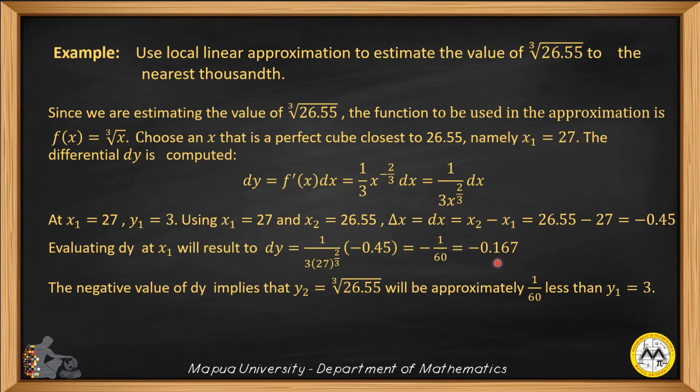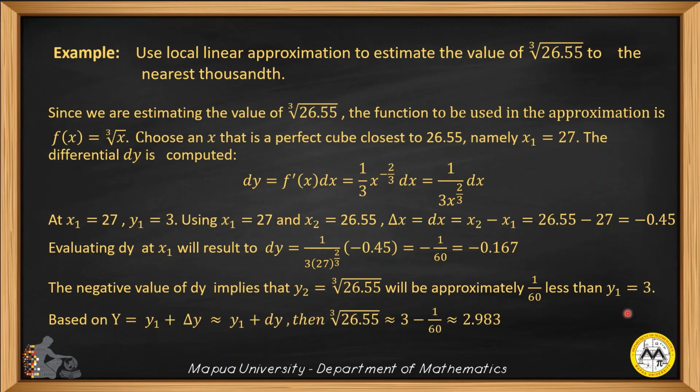Now, this would imply that the cube root of 26.55 is approximately 1/60 less than the value of y sub 1. And with this, we now can approximate the cube root of 26.55 in terms of 3 minus 1 over 60, or that will be approximately 2.983.